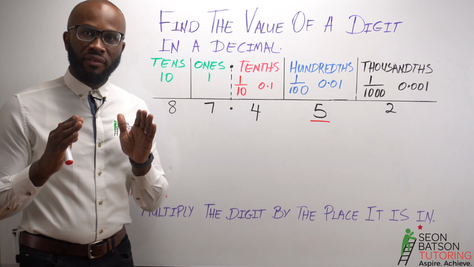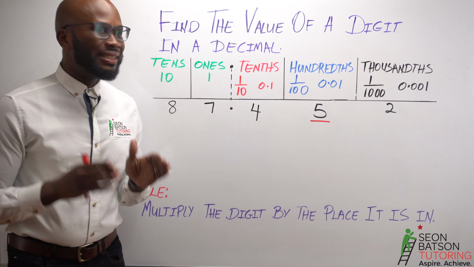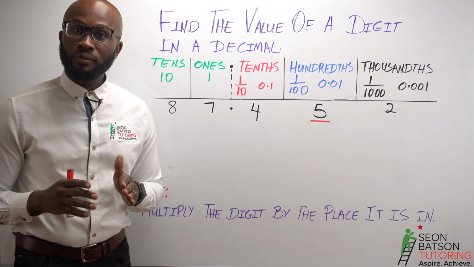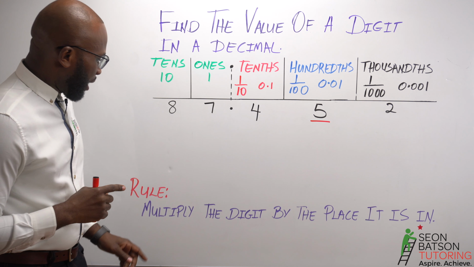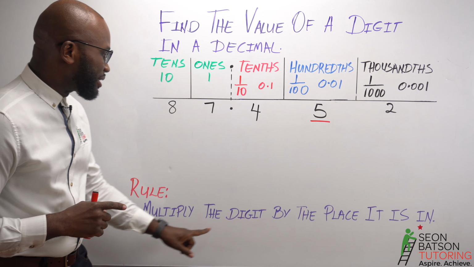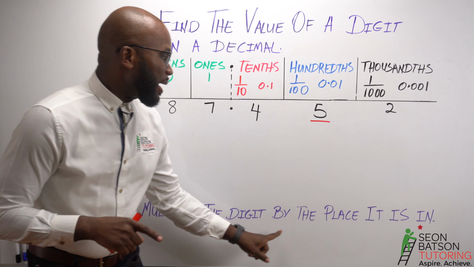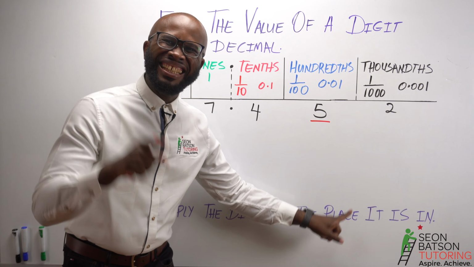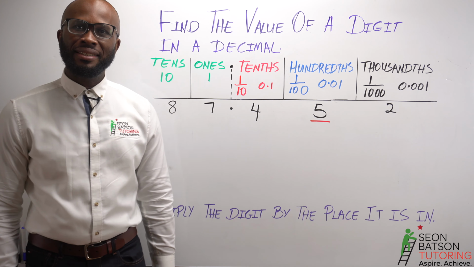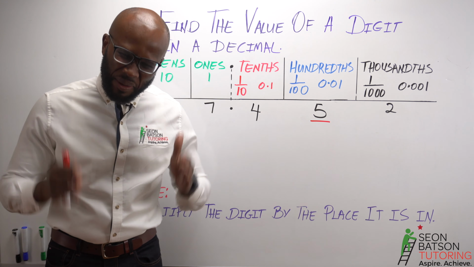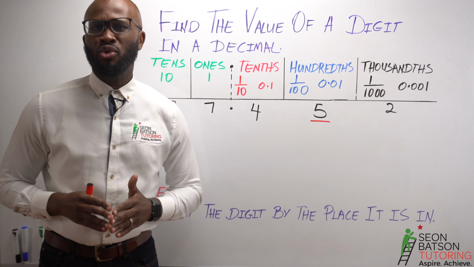To find the value of a digit in a decimal, the rule says that we should multiply the digit that we are trying to find the value of by the place that digit is in. That's it. A very simple and straightforward rule.